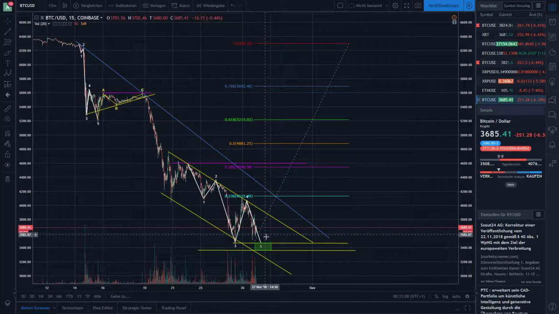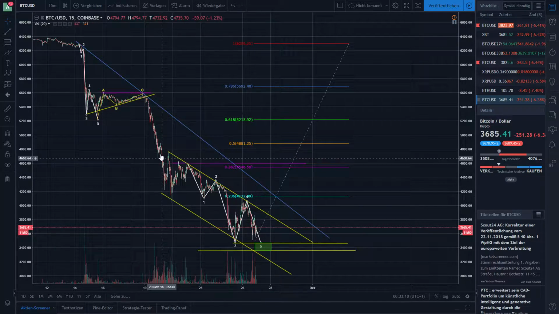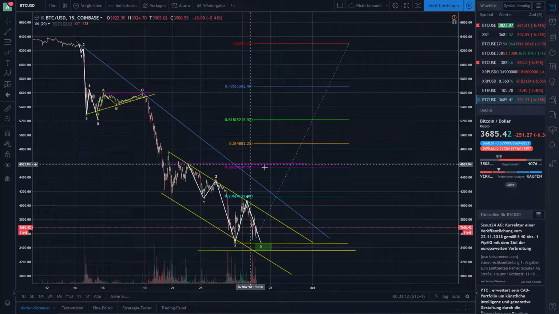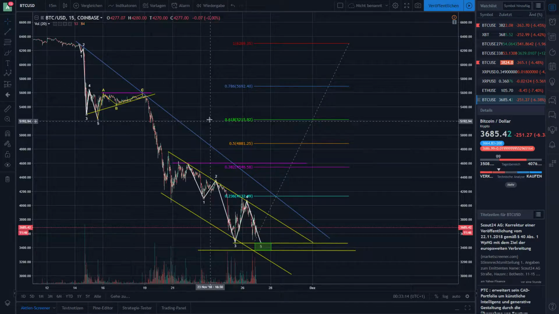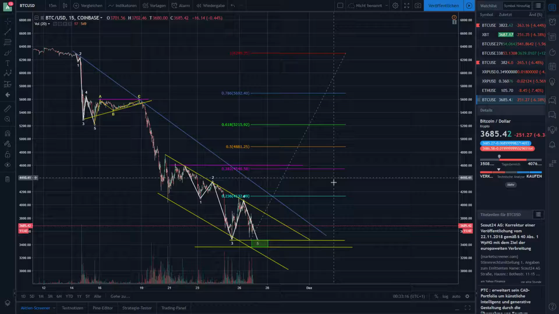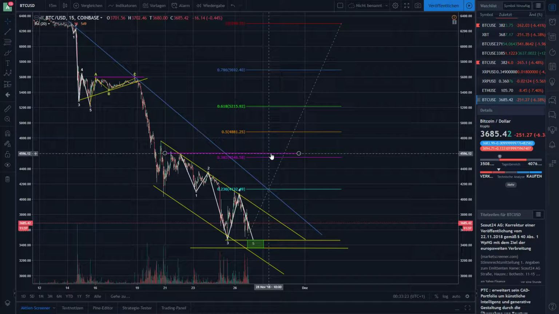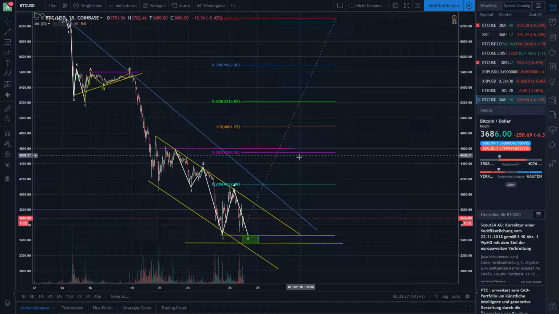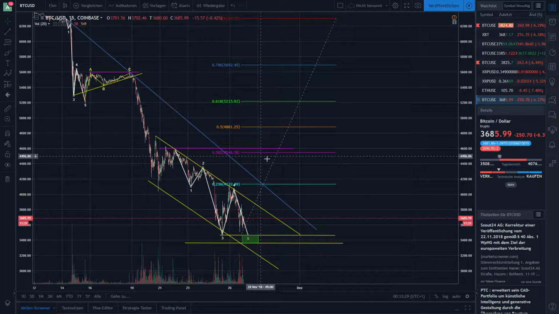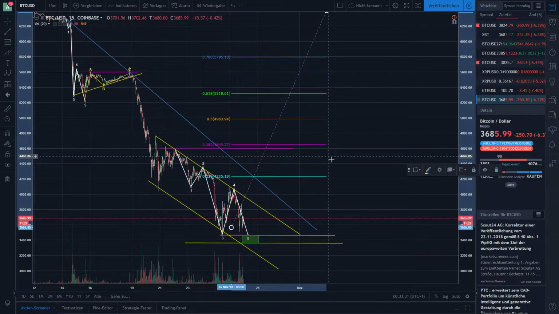So this is a strong price point. And if I'm short-term bullish, we go up to 4,550 here, or rather 4,600. Pretty much 4,600. That's my target. And then we will keep going down.